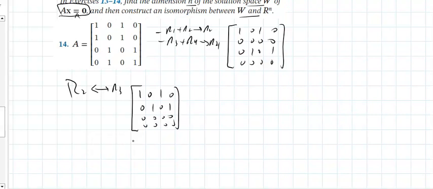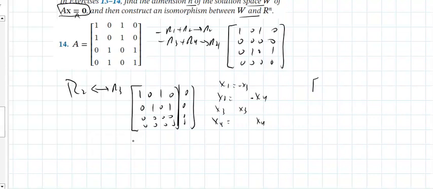So here, again, Ax equals 0. Keep in mind I'm doing that. So we know that x4 is x4. That's free. x3 is x3. That's free. x2 equals x4, and x1 equals negative x3.